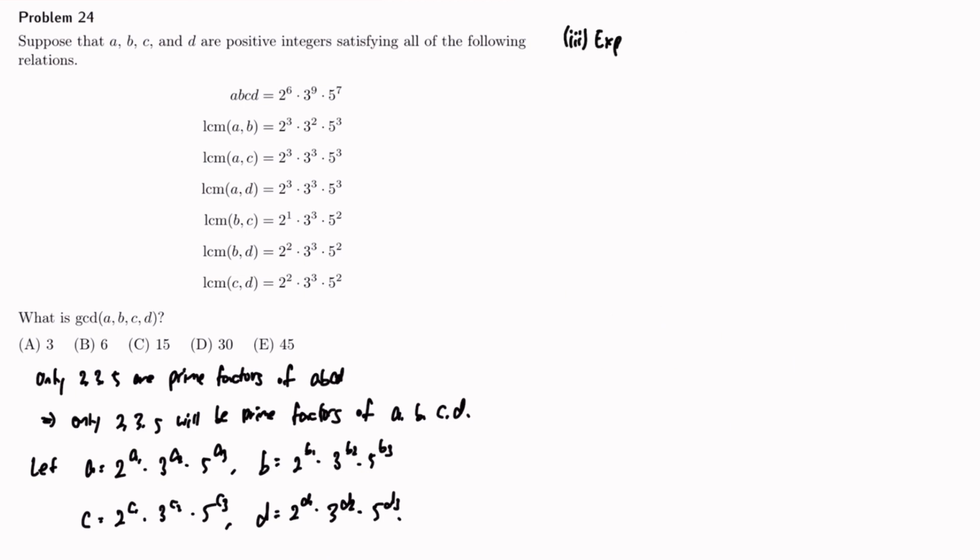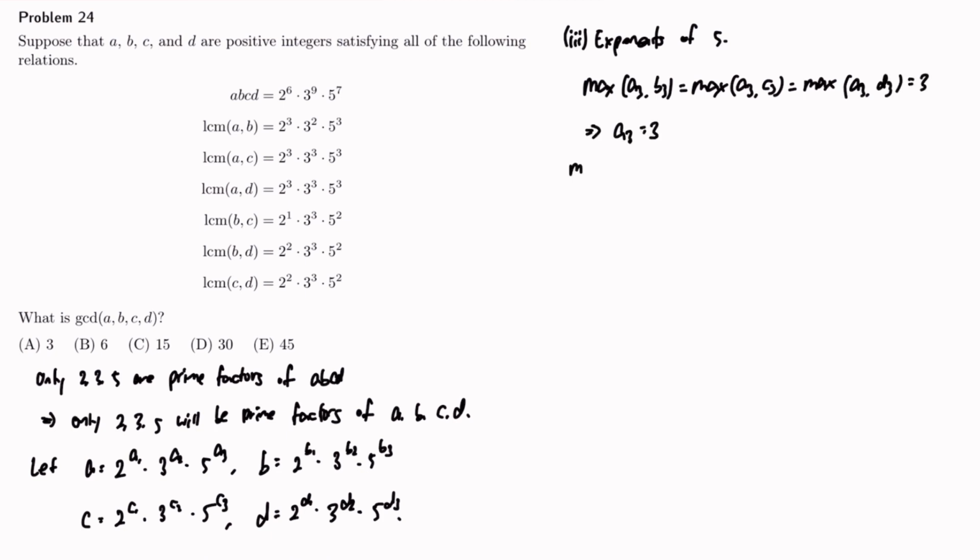Finally, comparing the exponents of 5, we have that the maximum of a3 and b3, the maximum of a3 and c3, and the maximum of a3 and d3 are all 3. This gives that a3 is 3. Now, since the maximum of b3 and c3, and the maximum of b3 and d3 is 2, b3 is equal to 2.